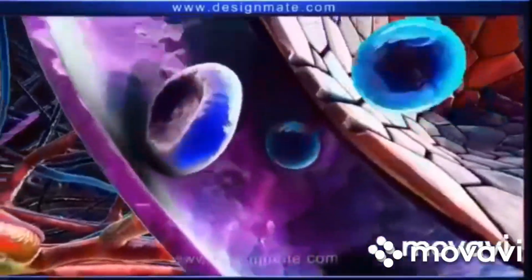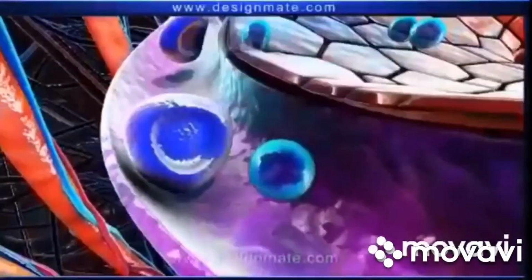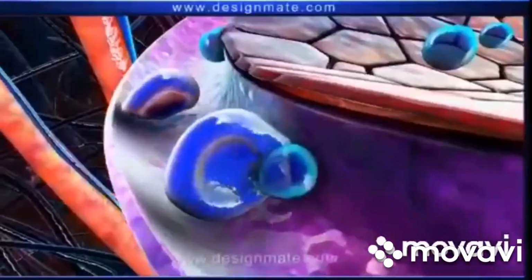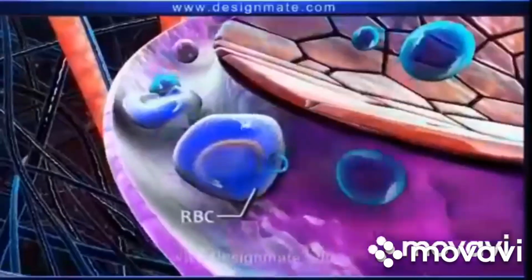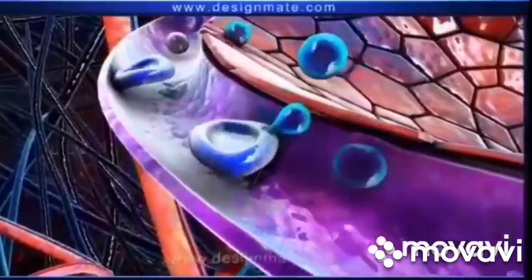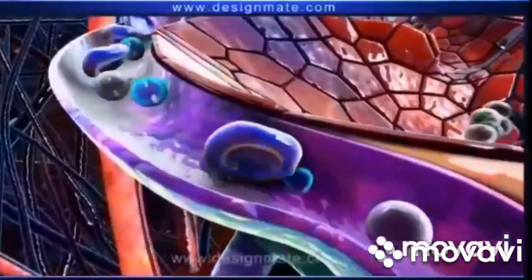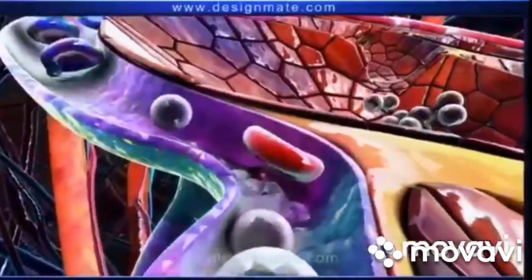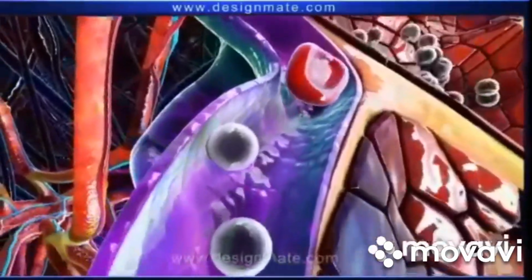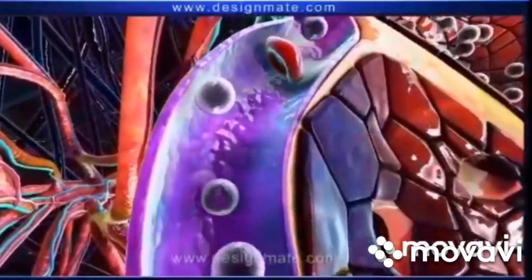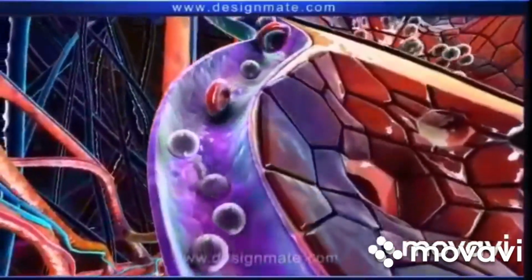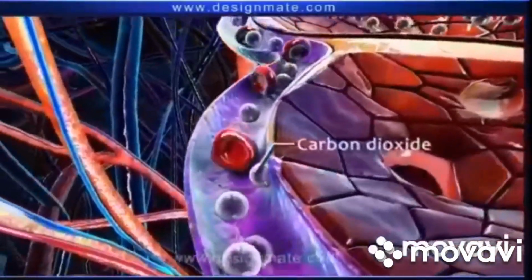Now, we can find deoxygenated blood with RBCs flowing, and the oxygen molecules get mixed with the RBCs. When these RBCs get mixed with the oxygen molecules, the oxygenation is done.